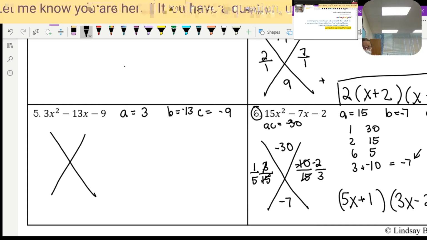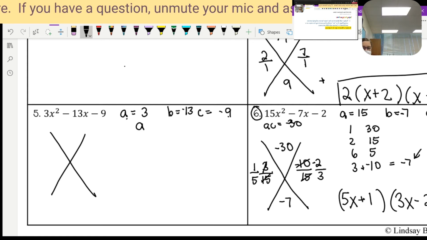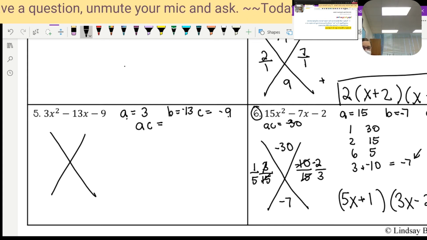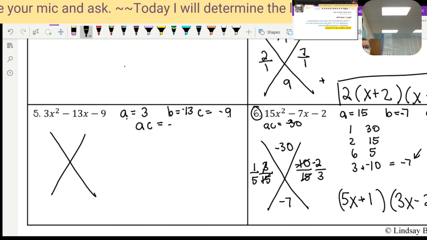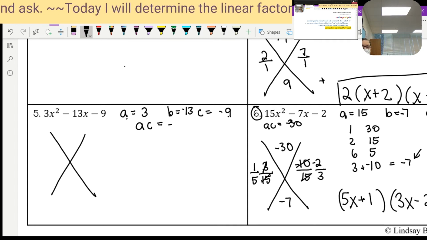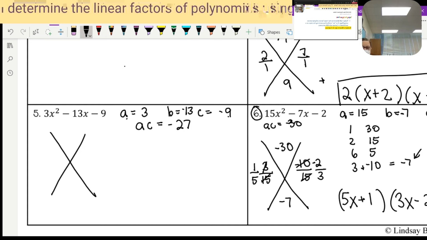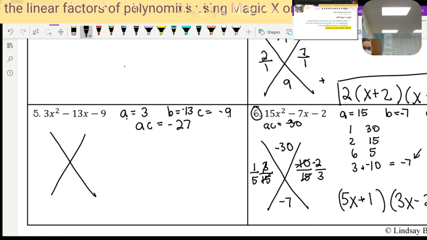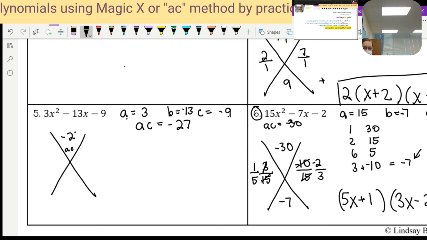Okay, to find AC, all we're doing is looking at A and C and multiplying them. AC equals -9 times 3, which is, I think, -27. Anybody good at math in their head? Yep, okay, thank you, Kyle. All right, so that's AC goes right here. So we have -27.